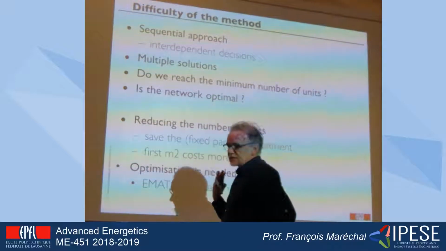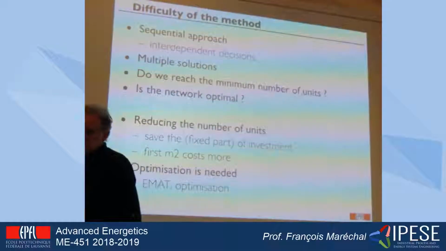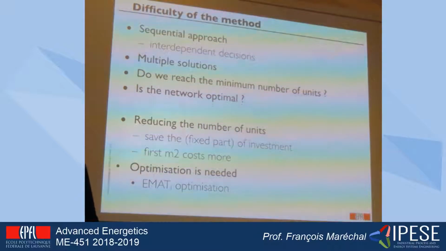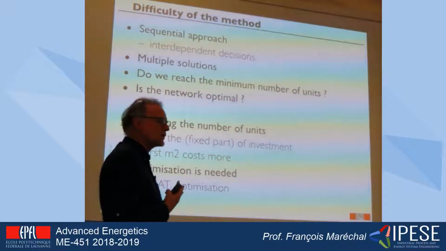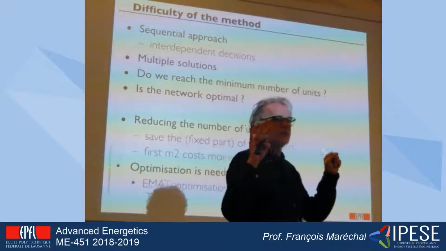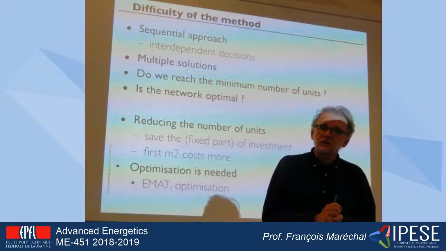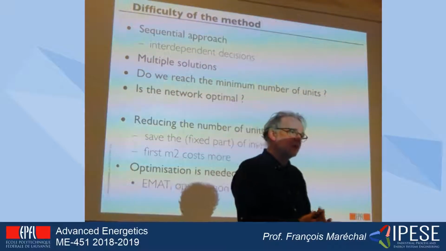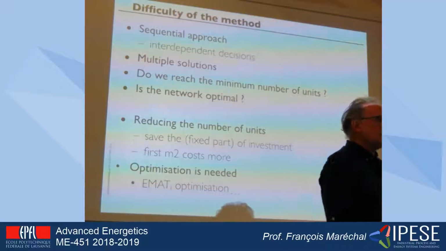Which means that, as a conclusion, we can say that we have seen that we have a sequential method that allows, provided that we have selected the right value of the delta T minimum, to make the heat exchanger network design.